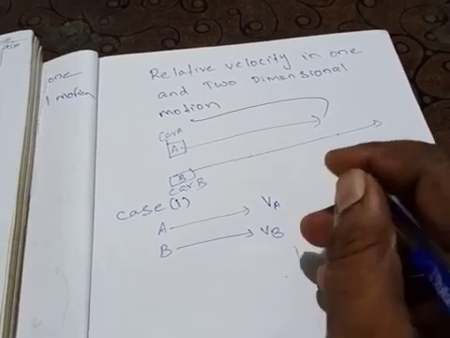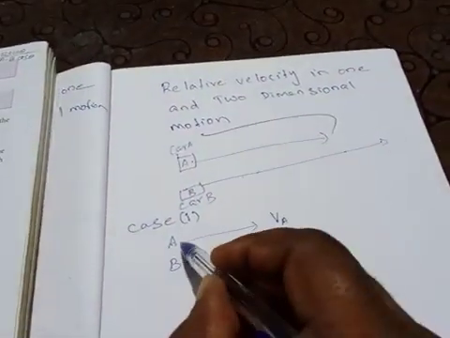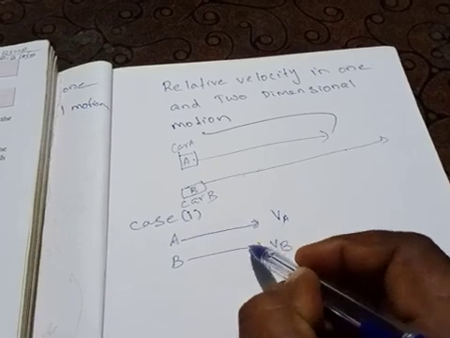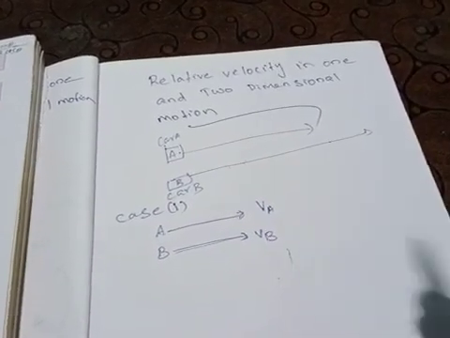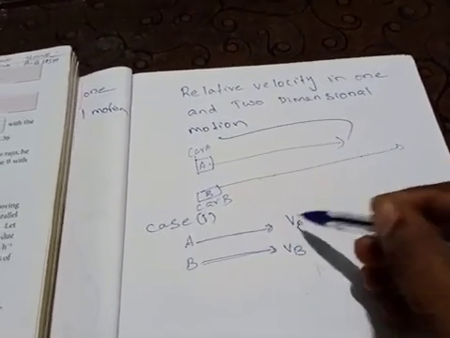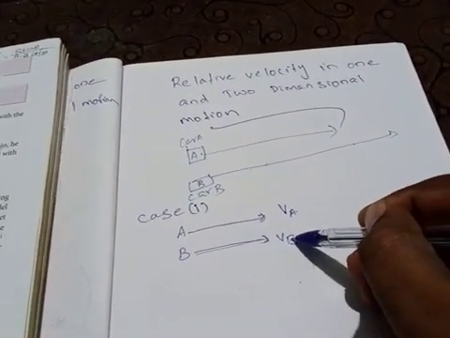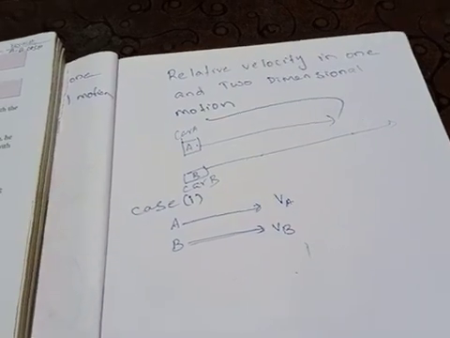Now you see both cars are moving in the same direction. Now we are comparing VA and VB with respect to the ground.